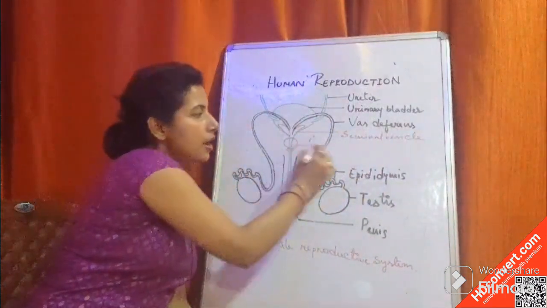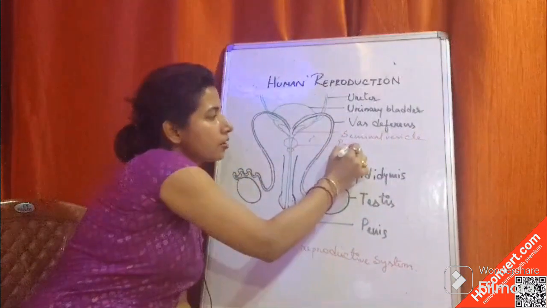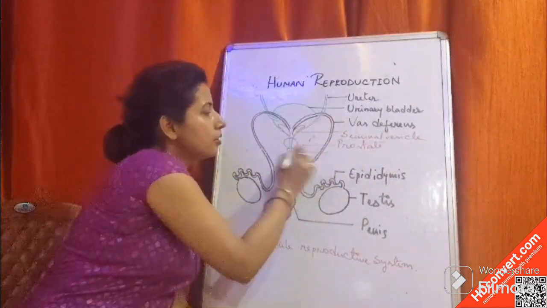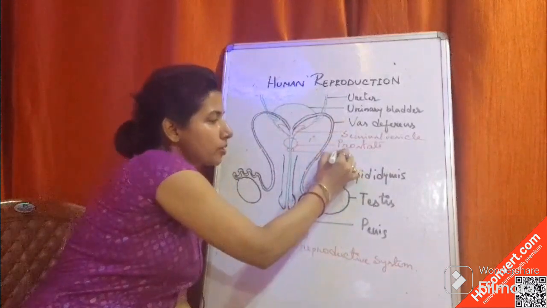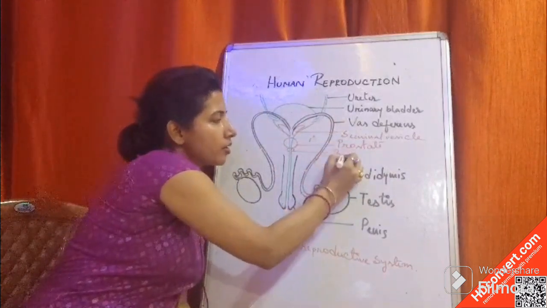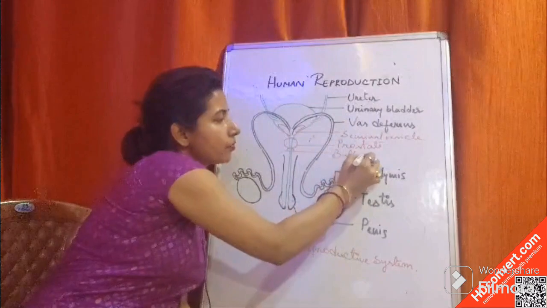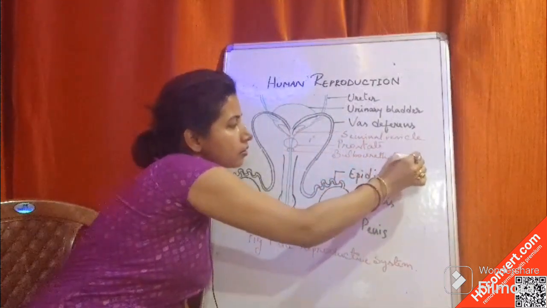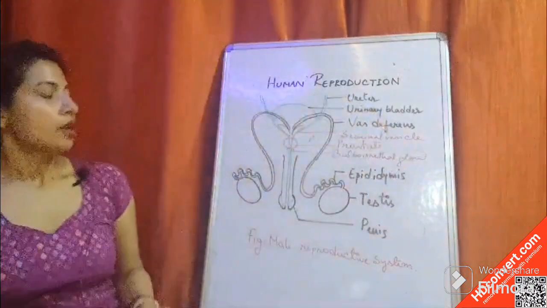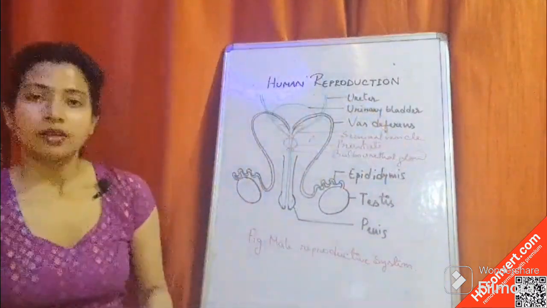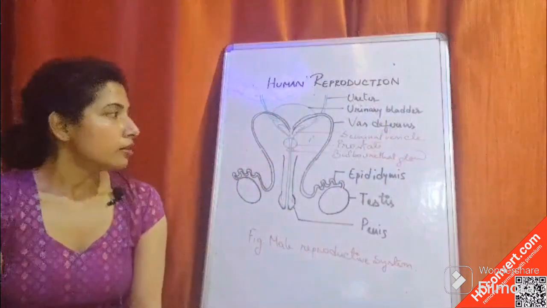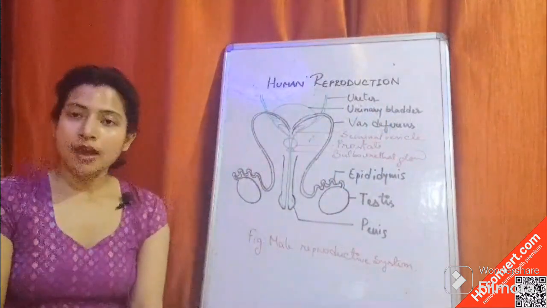This single gland is prostate gland. Prostate, and the last pair is Cowper's gland, or better termed as bulbourethral gland. These three glands are involved in human reproduction, and that's why they are called accessory glands.